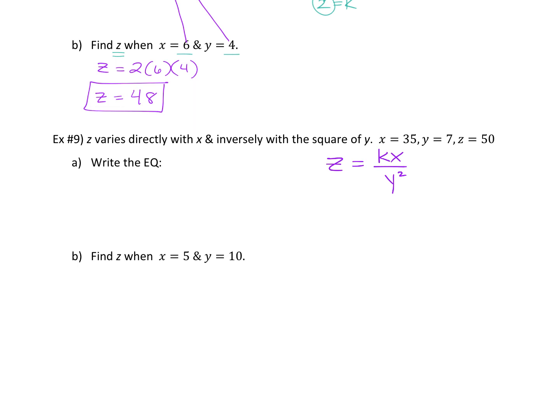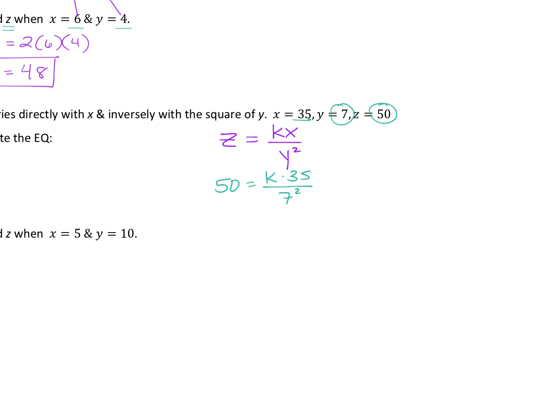Plug in your numbers. So you're going to say z, so 50, equals k times 35 divided by 7 squared, okay? At this point, I would probably just take it one piece at a time. 50 equals 35k divided by 49.